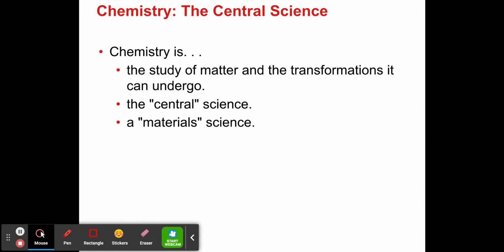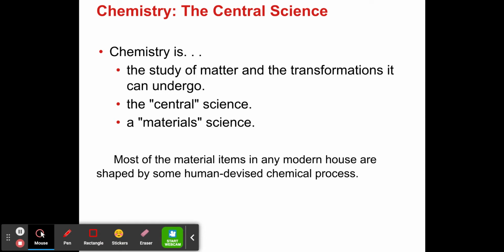What type of material do we use for concrete? What type of material do we use for roofs, for example? What type of material do we use for cars? All of those studies to find out what material is best for what situation constitute material science, which is a branch of chemistry.